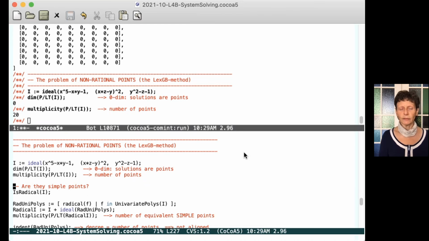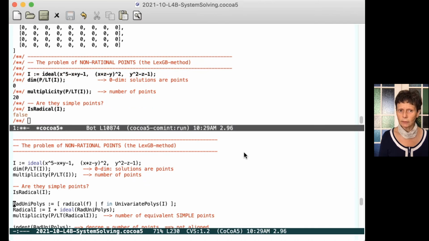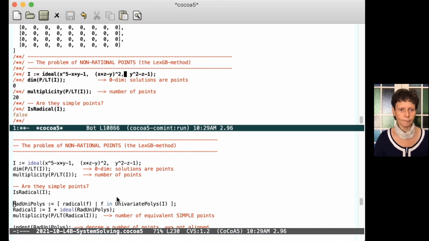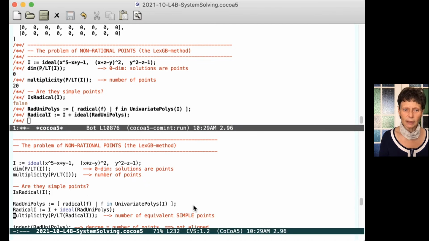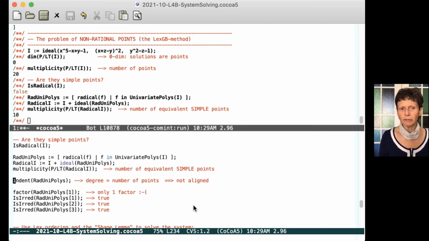We learned that the first thing we have to do is ask, is this radical? And it isn't. Okay, it is not radical. Indeed, we see it from the input. It is not radical, there is a square. So I take the univariate polynomials in x, y, and z. We compute the radical of these, and I don't even print them out.